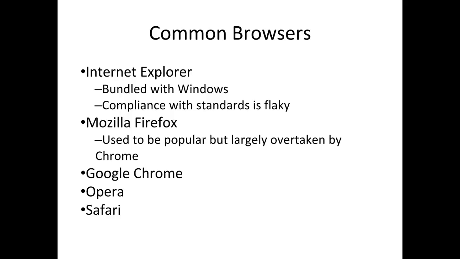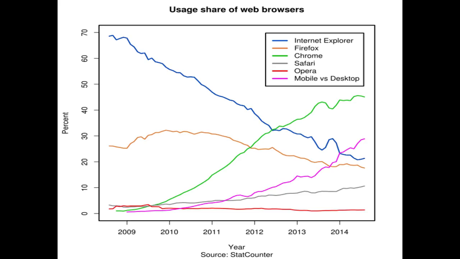I believe my next slide has a look at the usage share of browsers up to around halfway through 2014. As you can see here, the use of Internet Explorer has gone downwards quite dramatically. The use of Firefox is relatively stable, and the use of Chrome has gone up quite dramatically.